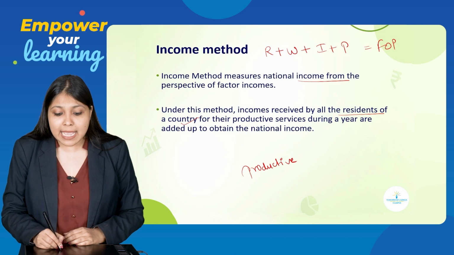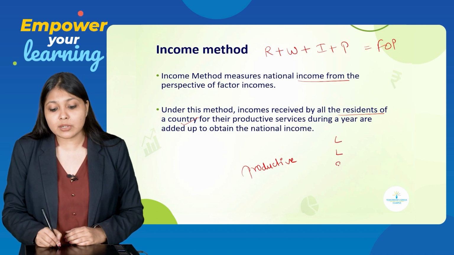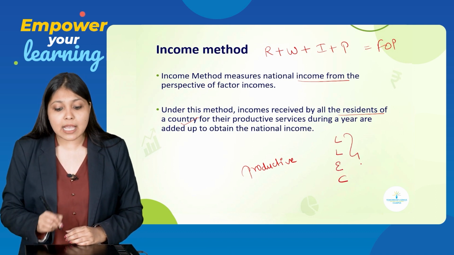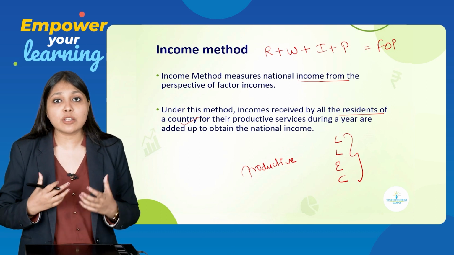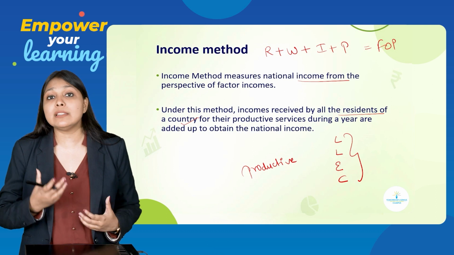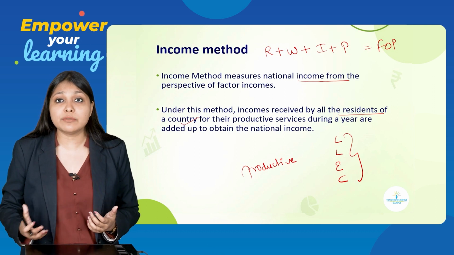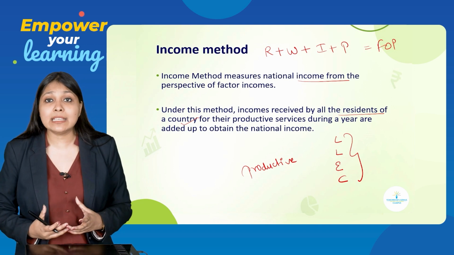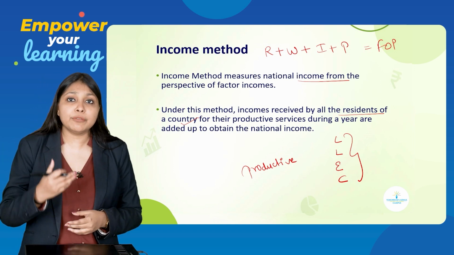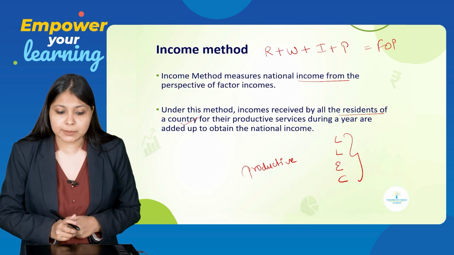Only and only productive service counts. Anything which is unproductive happening in the economy, in the country, will never be included under national income. So, we know land, labor, entrepreneur, capital, all of these are nothing but productive services. Something productive is happening because of them. Some goods and services are being produced because of these four factors of production. So, whatever returns they are getting will be summed up together to form the income method.